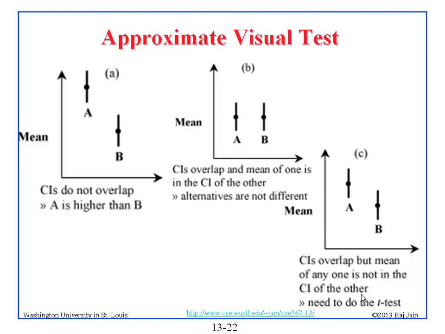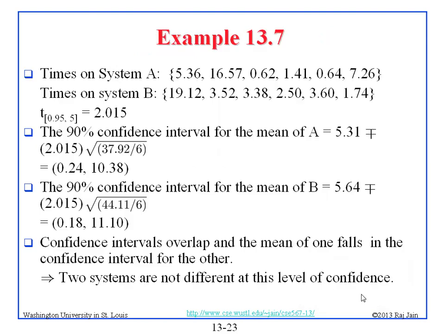Okay? All right. So here is an example. We take the same numbers as we had before. And so we come out with the confidence interval for the mean of A, confidence interval for the mean of B, and now we look at these two numbers.